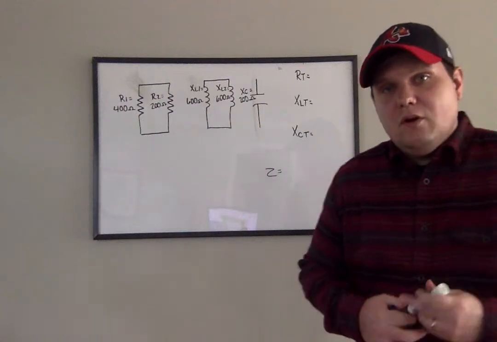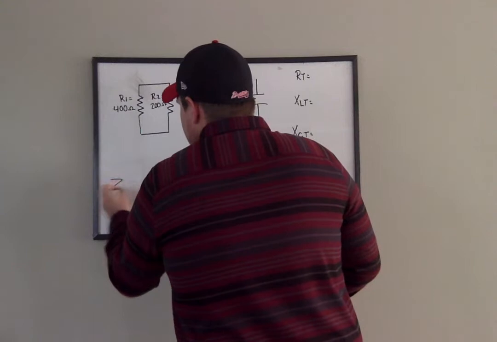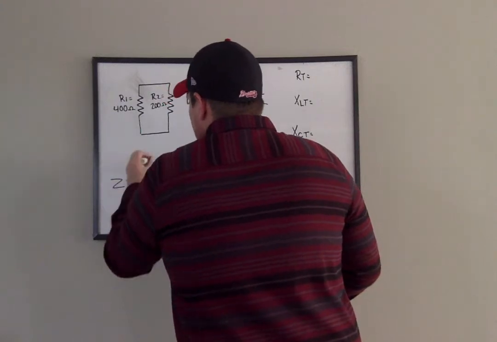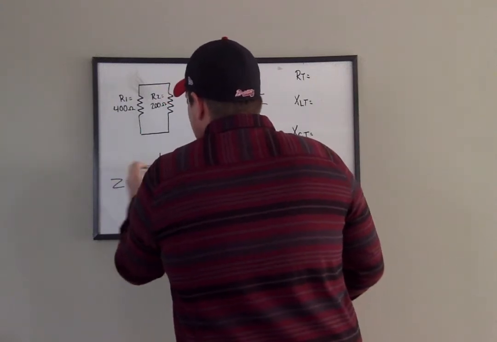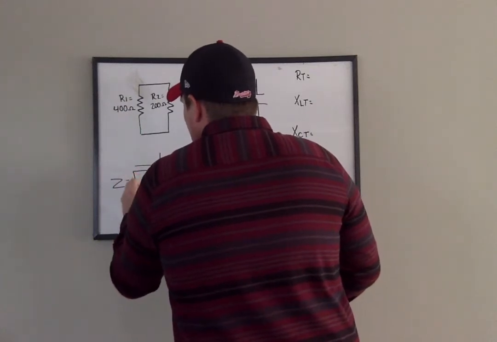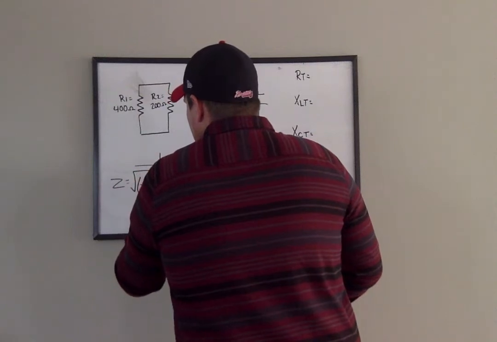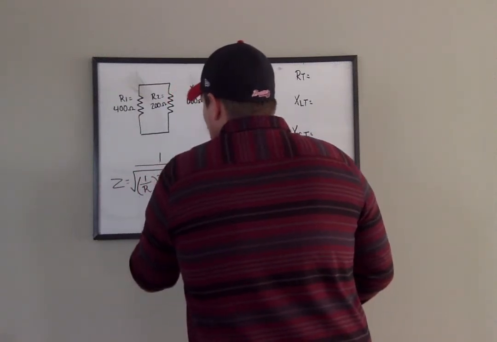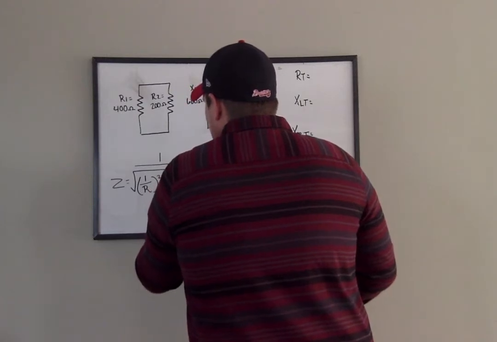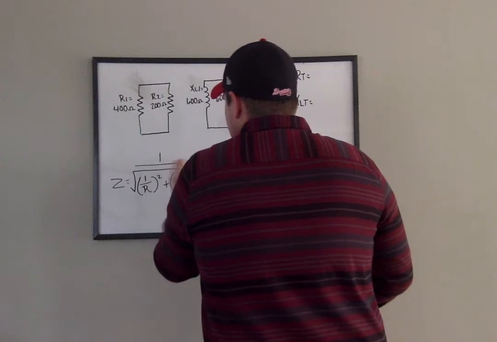So remember from earlier, my Z formula is going to be Z is equal to 1 divided by the square root of 1 over R squared plus parentheses 1 over XL minus 1 over XC, squared.